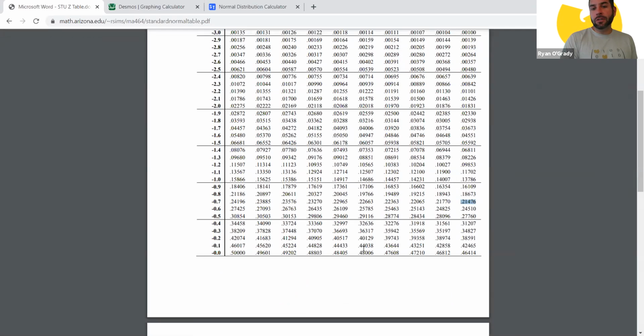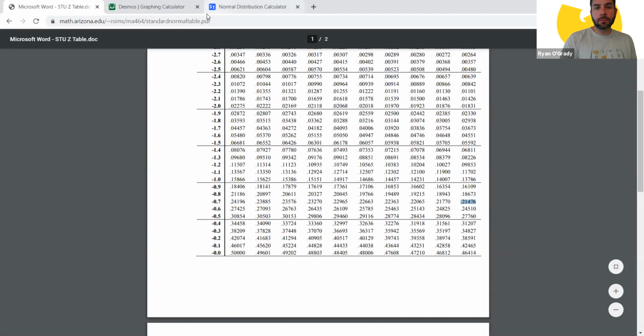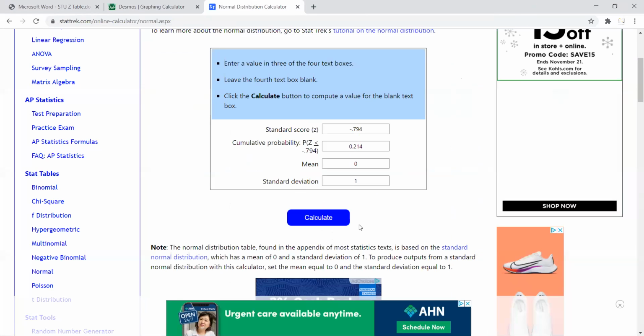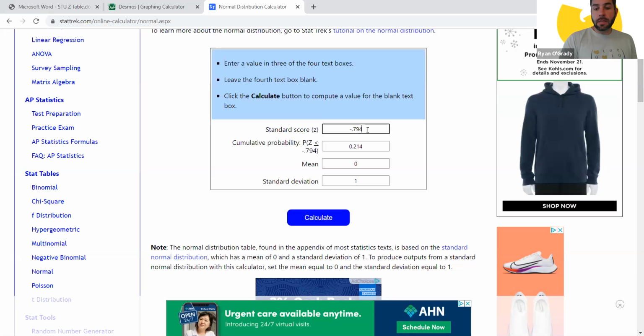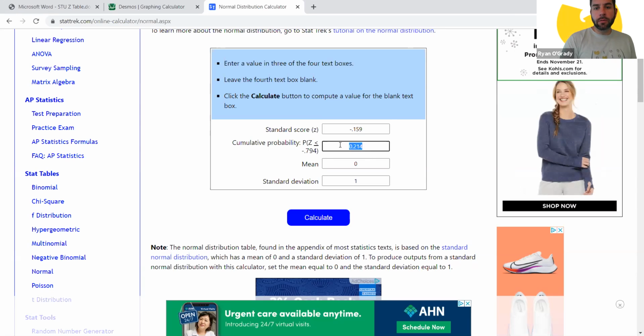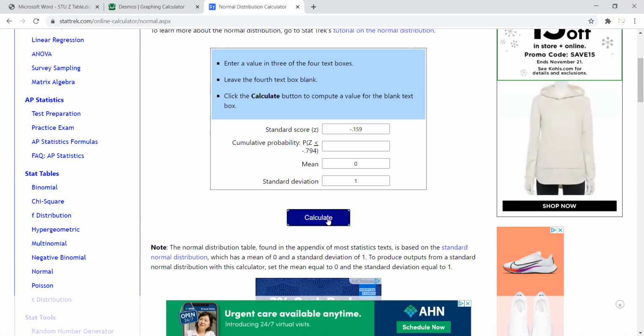So there's a clear discrepancy between this table and the calculator. Is that just a rounding issue, or is that something else? It seems to me that's the case. But it is an important thing to notice nonetheless.